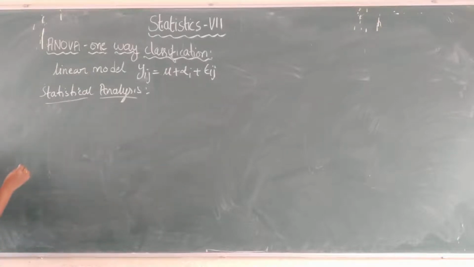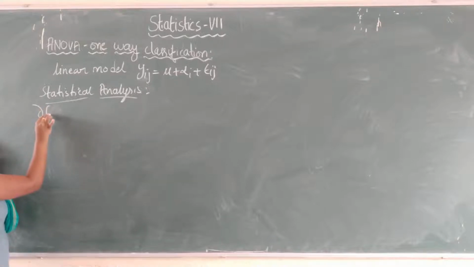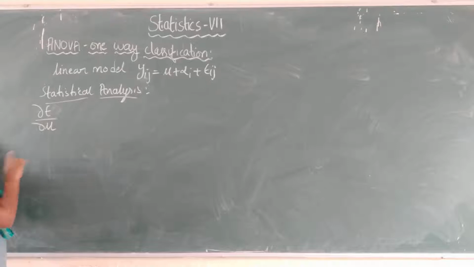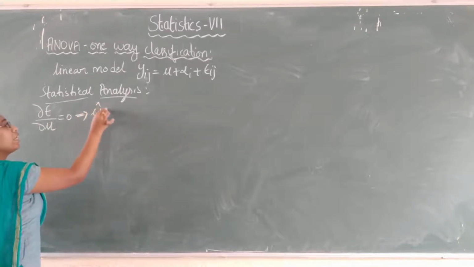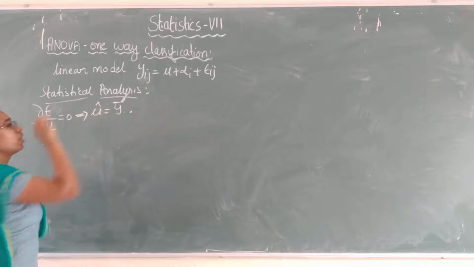In the last class, in the principle of least squares, we partially differentiate the sum of squares of residuals with respect to the parameter. We estimated the mu value, and from that equation we got mu hat as y double dot bar.